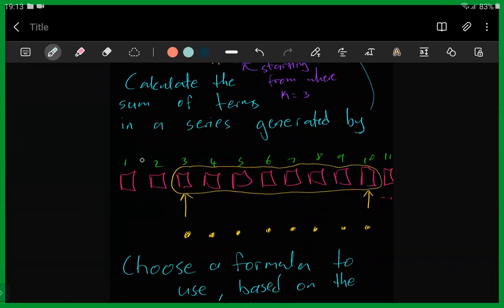But the properties of the series stay the same. The common difference is still the same, whether you use 3 and 4, 1 and 2, 6 and 7. I deliberately used 1 and 2 to show that even though you're working with part of the series, the common difference is still the same.